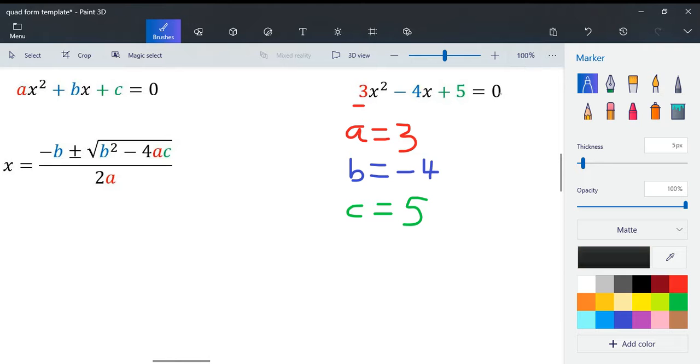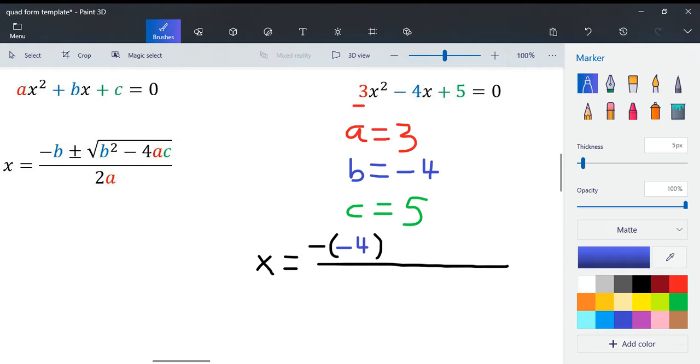But now that we have our values for a, b, and c, we can put these numbers into the quadratic formula. We have x equals your big fraction, negative b. Be careful, since b is negative, you do need this double negative.